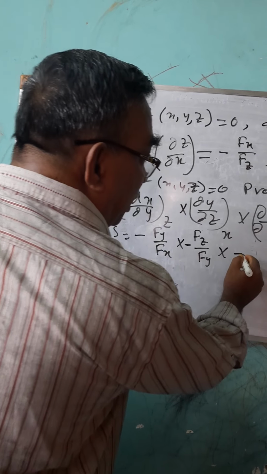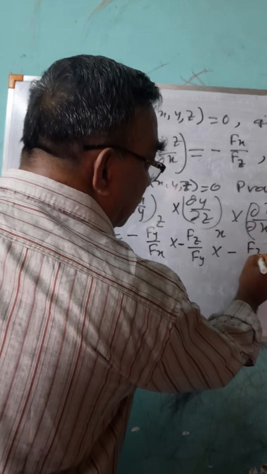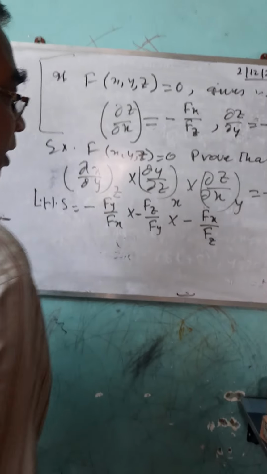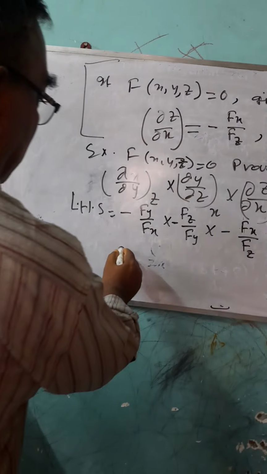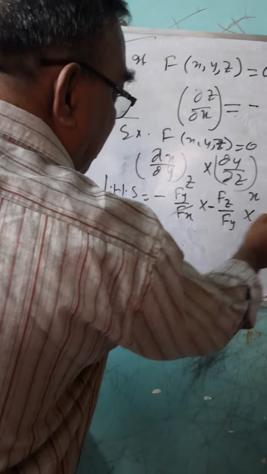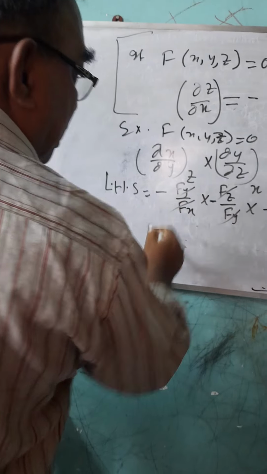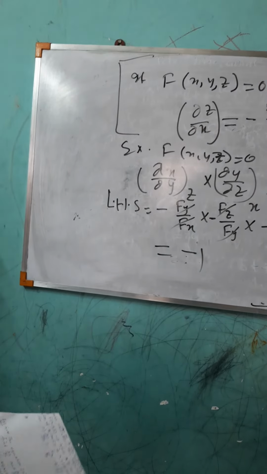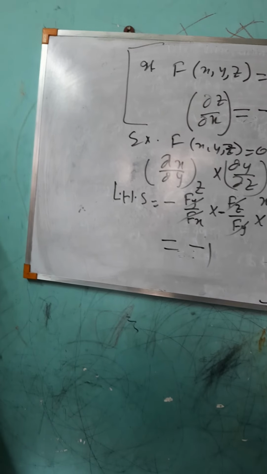Now if we take the multiplication, applying the formula, this and this cancel, this and this cancel. Minus, minus, minus, this will be minus 1. It's a very simple sum. Understand everybody?